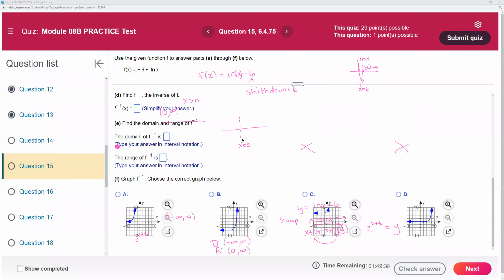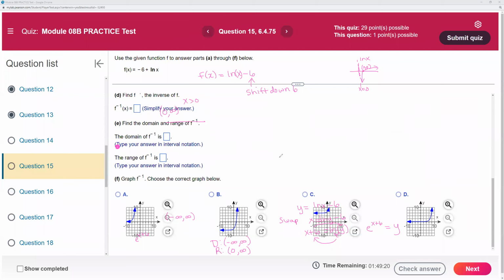So let me erase some of this. And yeah, so we're looking for what looks like an exponential function.